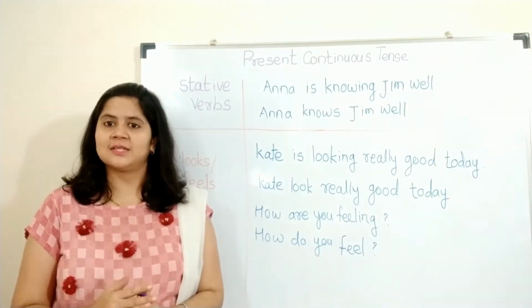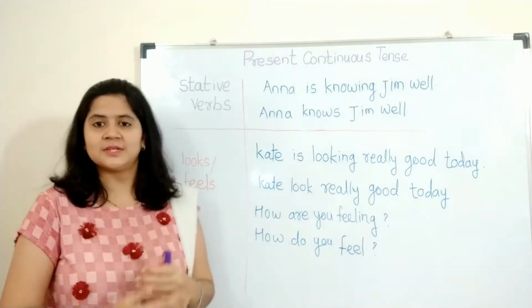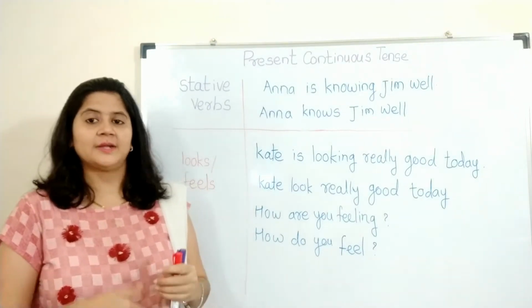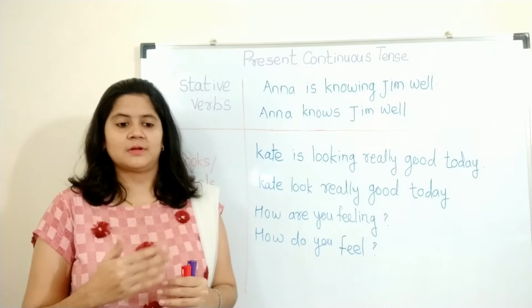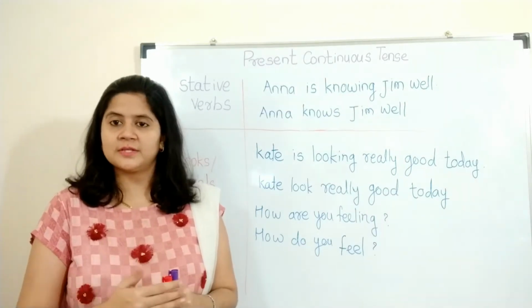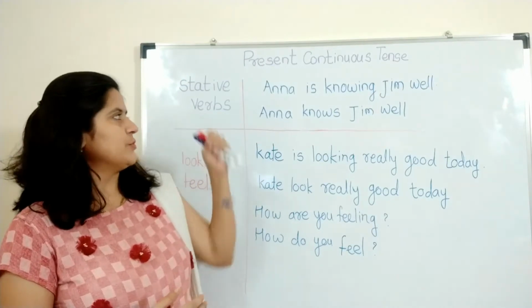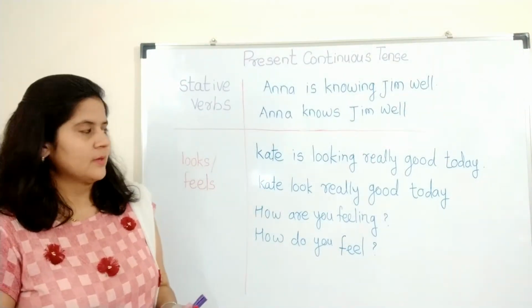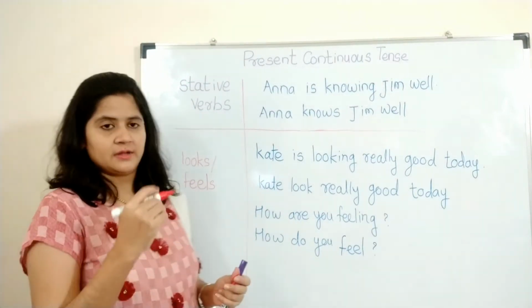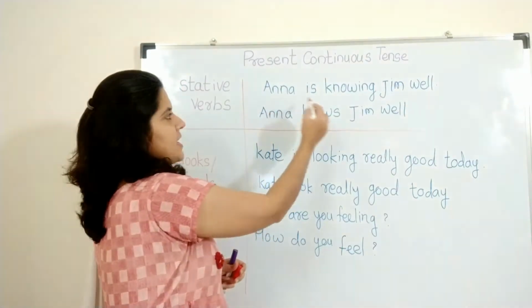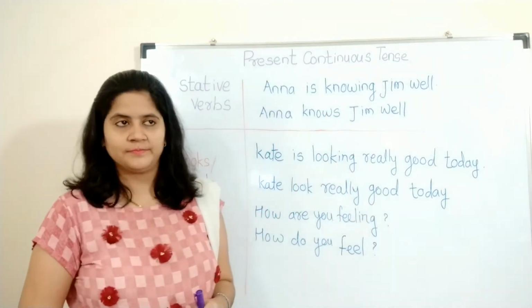Now let's understand when we use stative verbs. In the last class I already described what stative verbs are. They describe our emotions, our feelings, something you own, something you possess. But here it is very wrong to say that Anna is knowing Jim well.